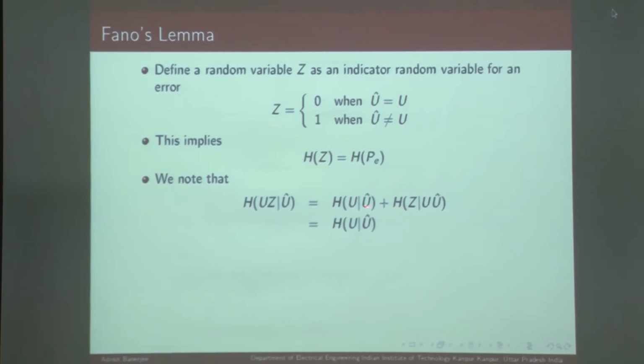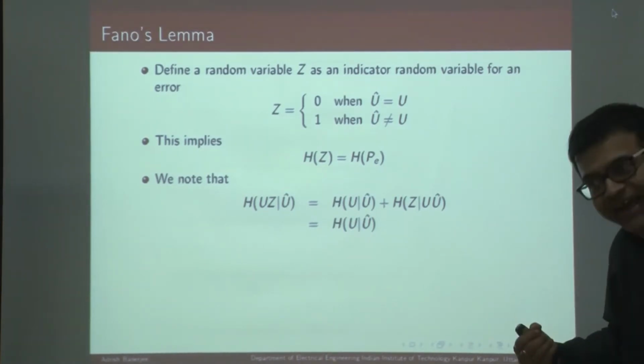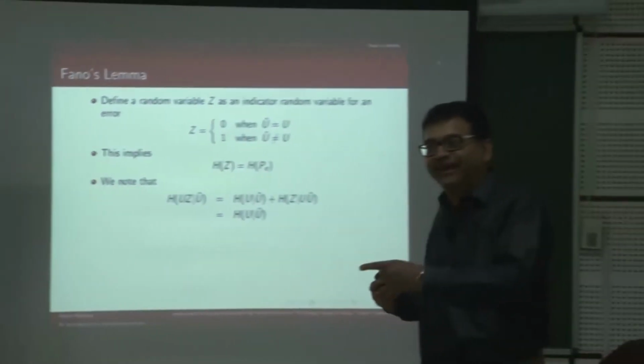Now, what is the uncertainty in Z given U and U hat? Z is a function of U and U hat. If I tell you what U and U hat is, you can find out whether they are same or not. If they are same, Z is 0. If they are not same, Z is 1. So, given U and U hat, you know exactly what your Z is.